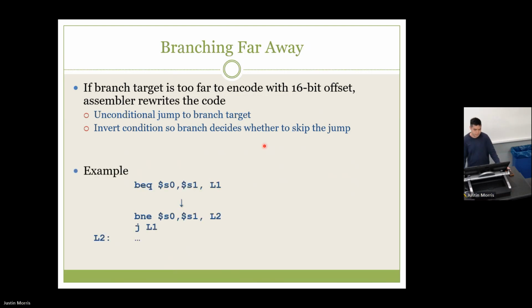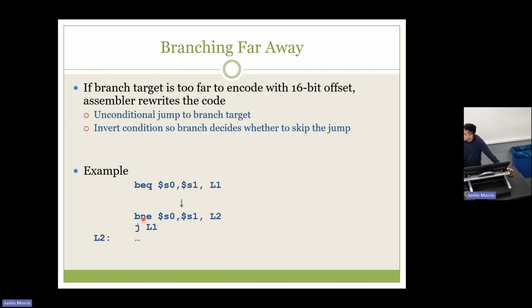Right, so here's the example. If we have this branch equal, and we're comparing these 2 registers, and we want to go to some label L1, but our 16-bit immediate is not large enough to reach L1, it will convert this into these 2 instructions. It'll flip the condition to branch not equal and skip the jump if we shouldn't have gone to L1.